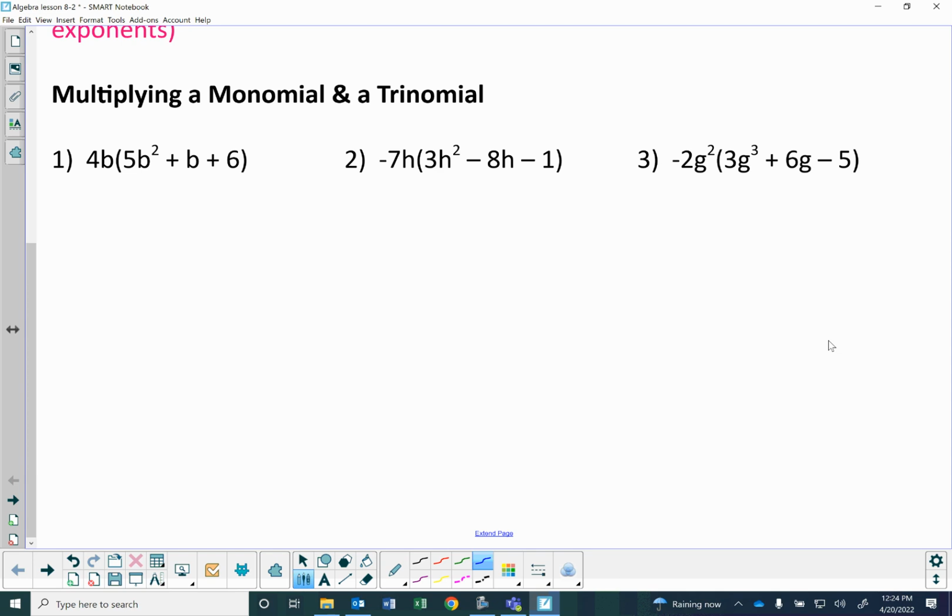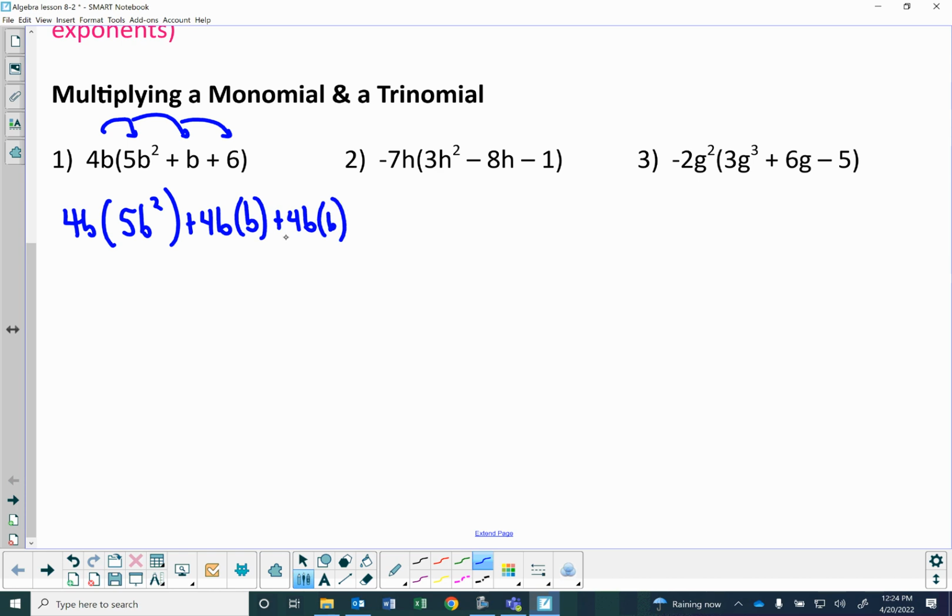Okay, so if I'm going to take 4b and multiply it by 5b squared plus b plus 6, that means I'm going to take this 4b and distribute it to each part of this polynomial. So that's going to be 4b times 5b squared plus 4b times b plus 4b times 6.